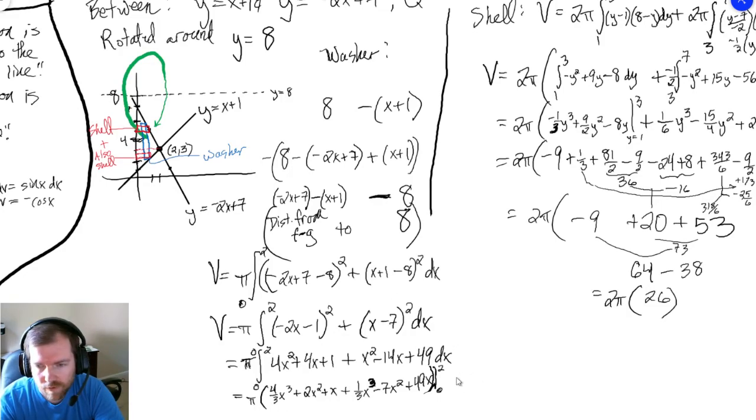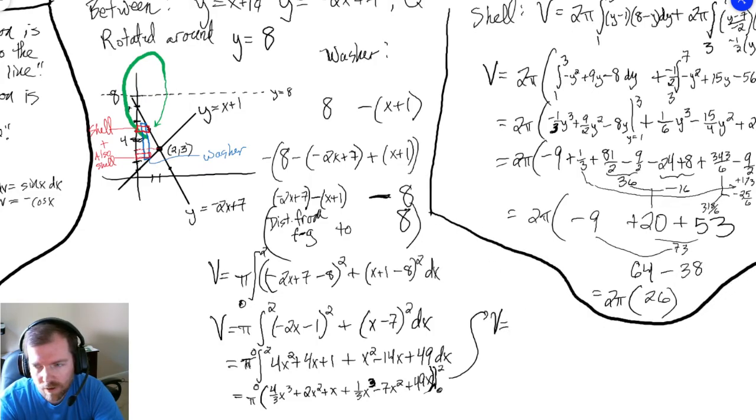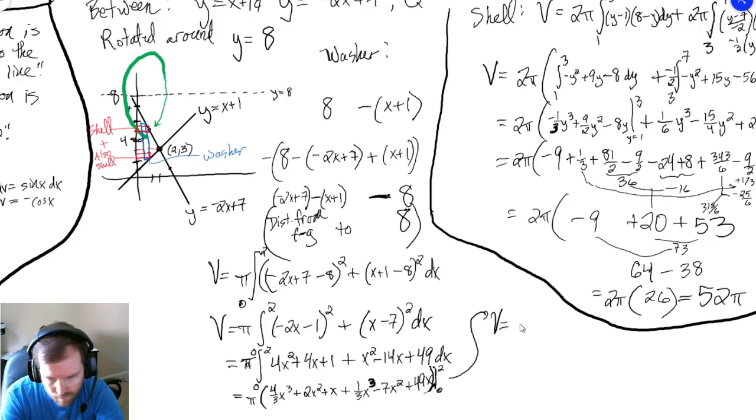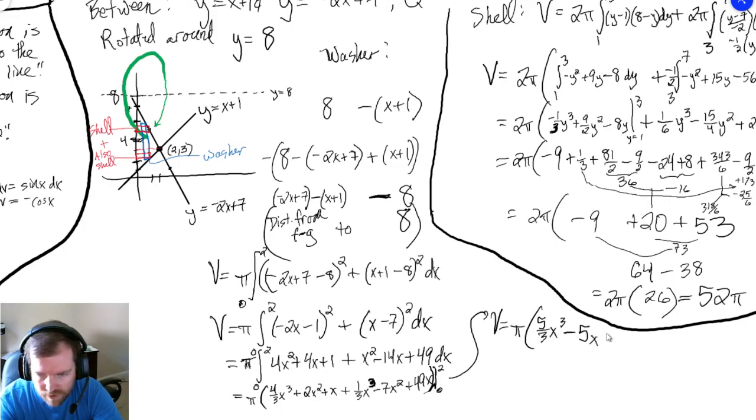So, volume here is going to be pi times 5/3 x cubed minus 5x squared plus 50x, evaluated from 0 to 2.